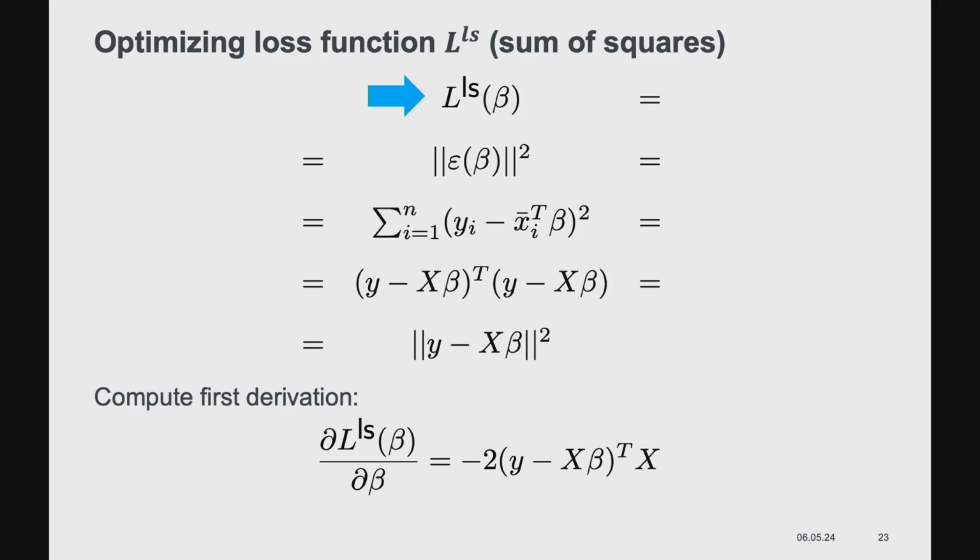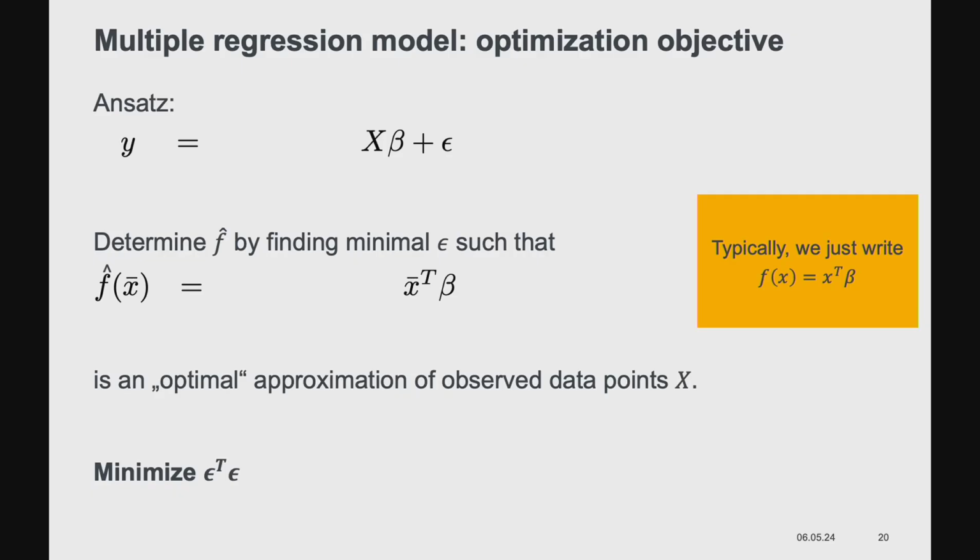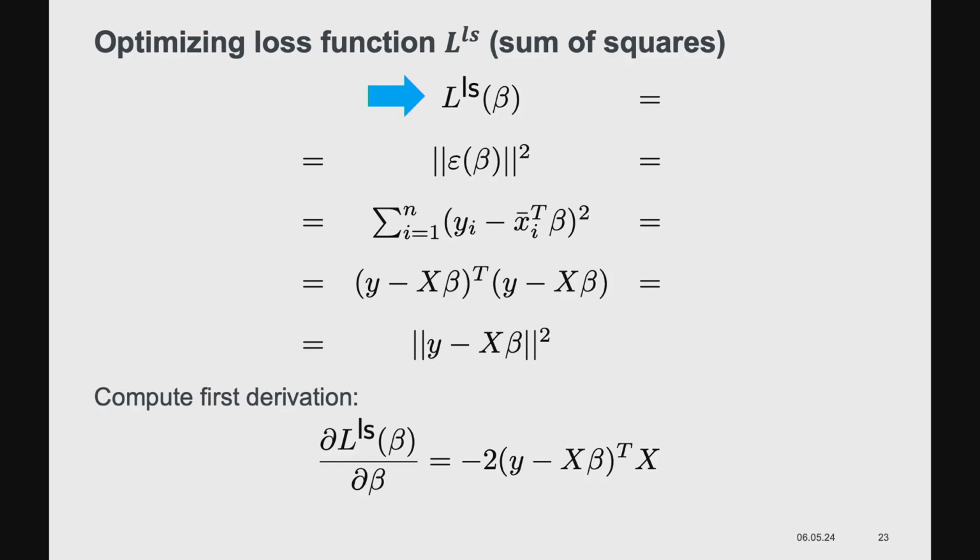Well, we define a loss function. The loss depends on the parameters that we assume. Let's look again. Here, this is our function, and this is the beta. The x's we know from our data collection. We have x1, x2, x3, and for every x1, x2, x3, we have y1, y2, y3, and so on. So the loss function really depends on the beta that we choose. Conceptually, we could say we try any value of beta that's thinkable.